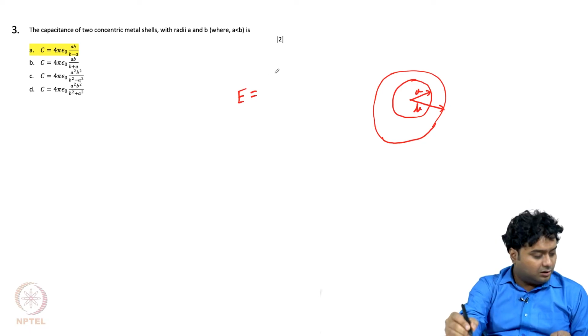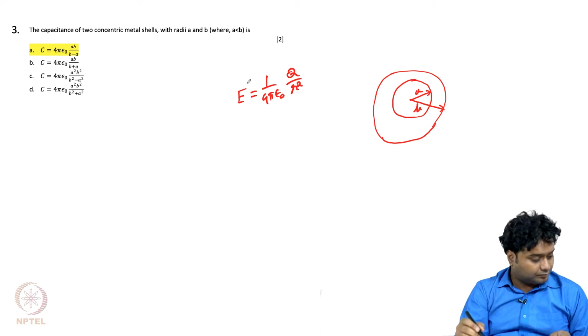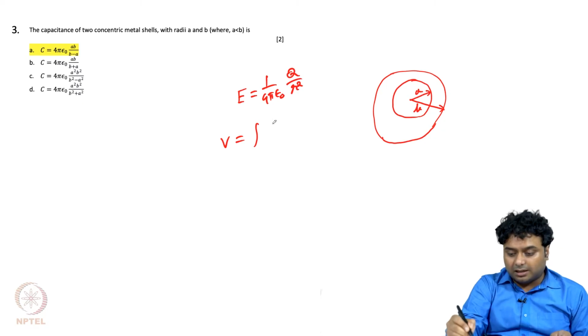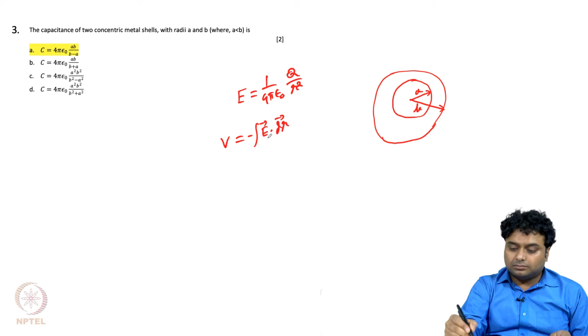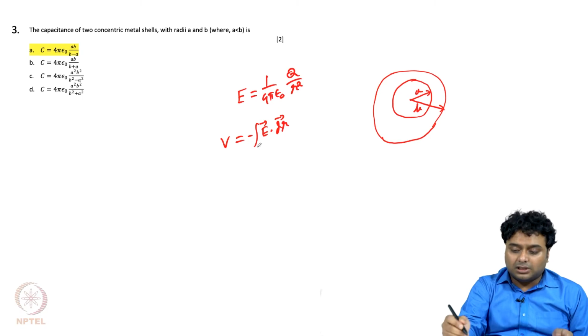Now E is equal to what? E is equal to 1 by 4 pi epsilon naught times q by r square, the magnitude of E. And we also know that the potential is equal to minus the integration of E dot dr, because the electric field is defined as the derivative of V with respect to r, and then the potential is the integration over the electric field.